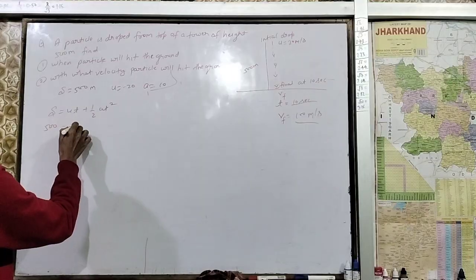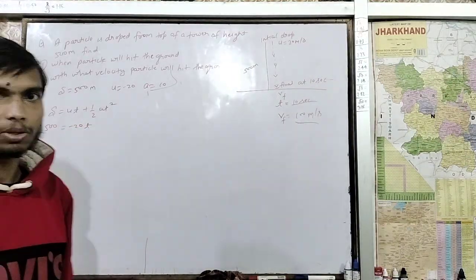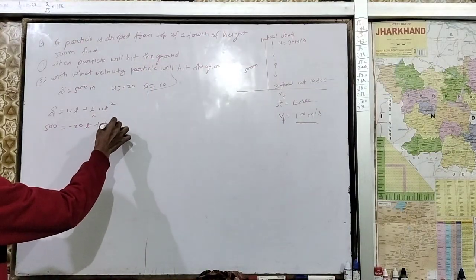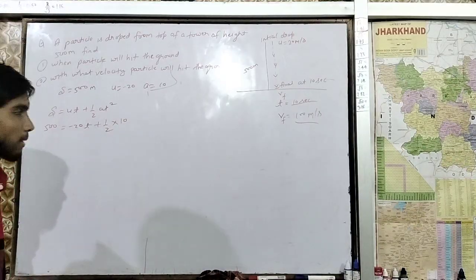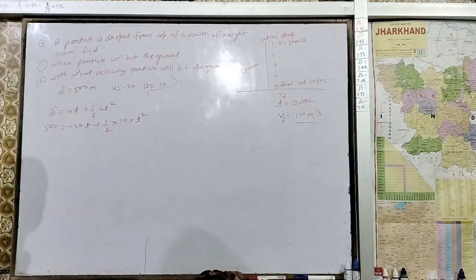So u is minus 20 and t we don't know. That's why we are using the second equation of motion, plus 1 upon 2, a is 10, and t we don't know.